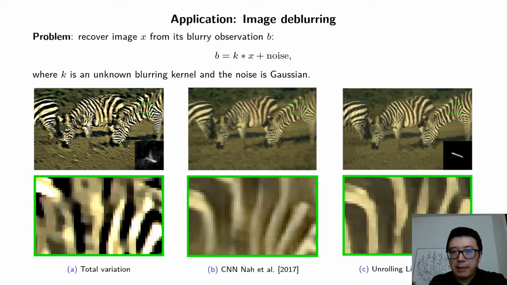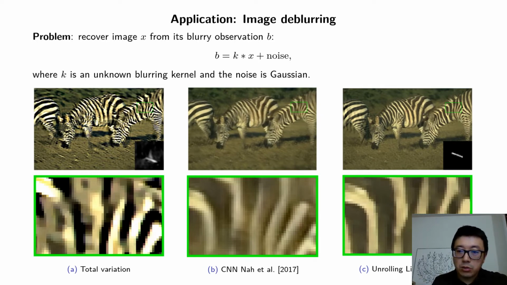Here's another application called image deblurring, where X stands for the image, and this stands for convolution, which simulates one way of causing an image to blur, and the measurement may be corrupted by noise. In this work, the idea is to use information from the image and our knowledge about the image to create a sharper image than the input image.